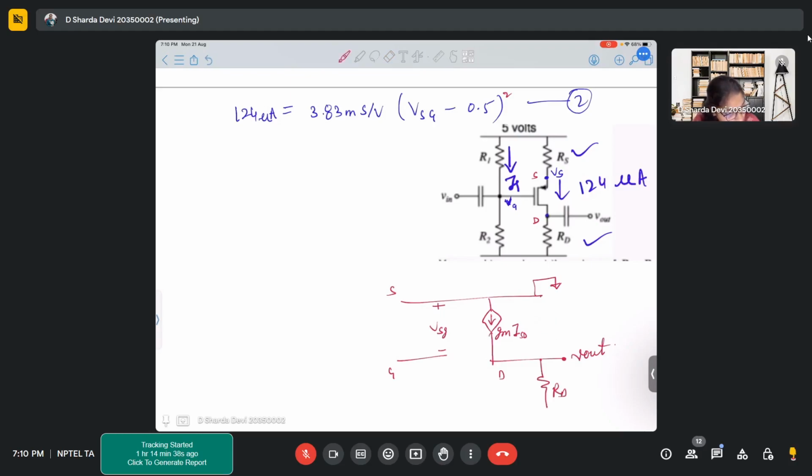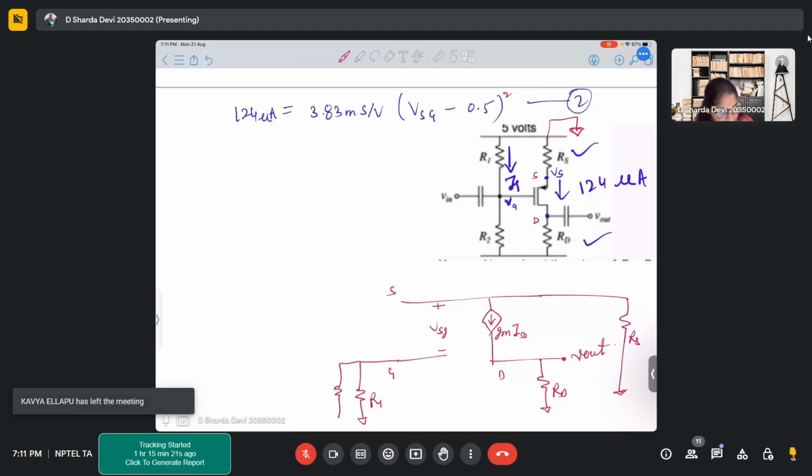RD is separately grounded, and there is a source resistance RS, which is grounded from the source. The source is not grounded directly. So this is how we draw it: RD, RS, R1 and R2.